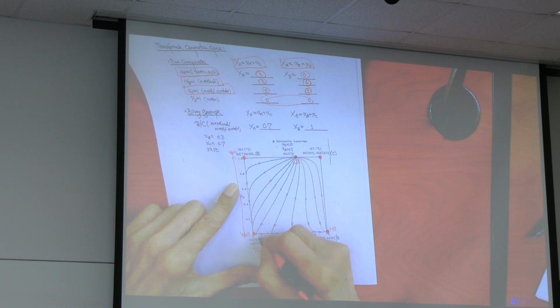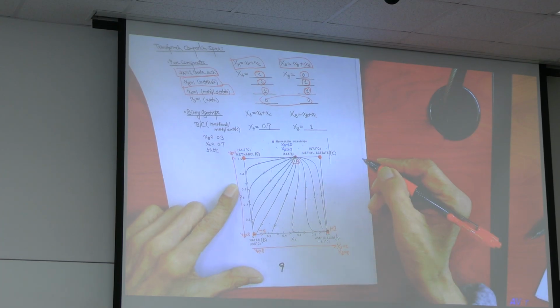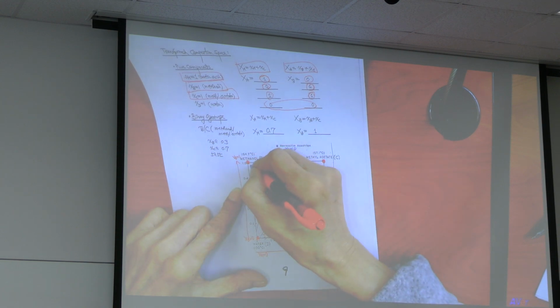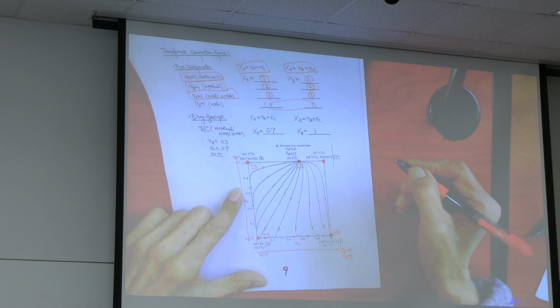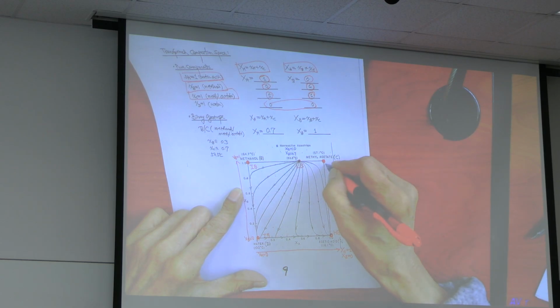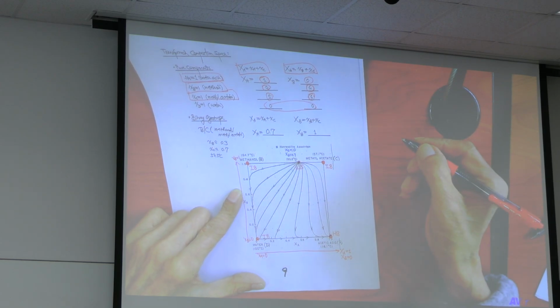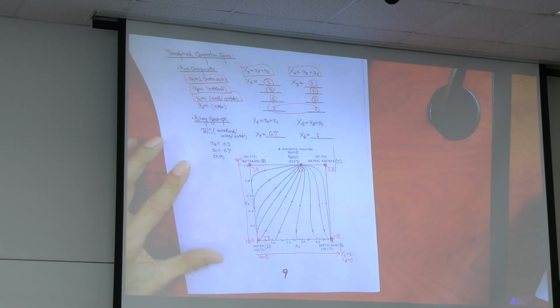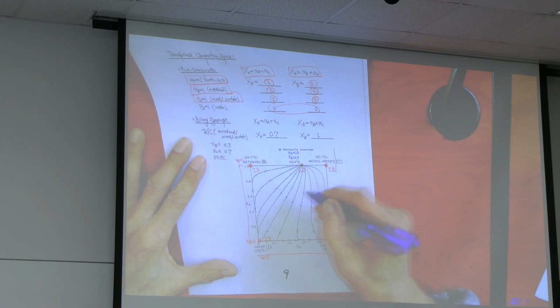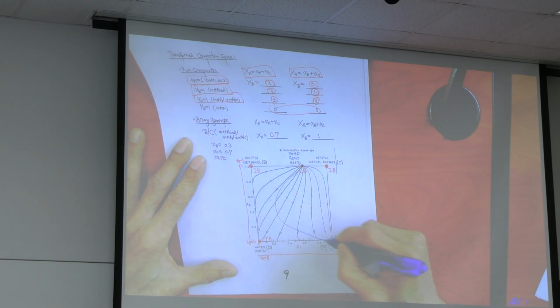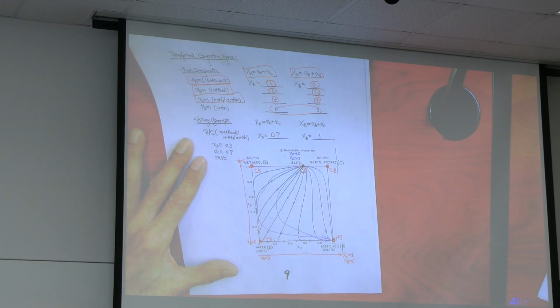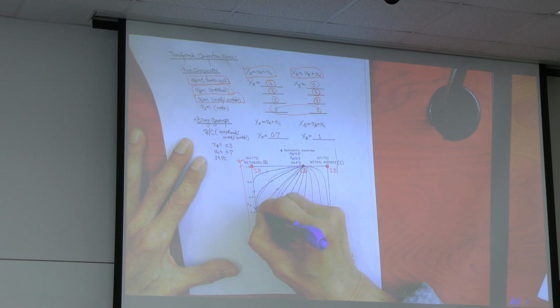Water, intermediate boiling. Methanol, intermediate boiling. Methyl acetate, intermediate boiling. So, your residue curve goes from LB to HB, right? On the diagram, you can draw the direction from low boiling to high boiling.